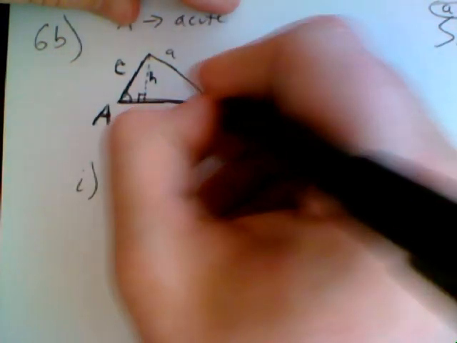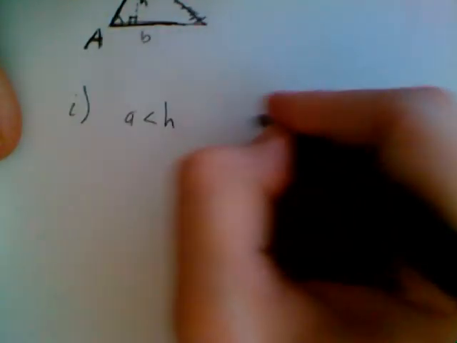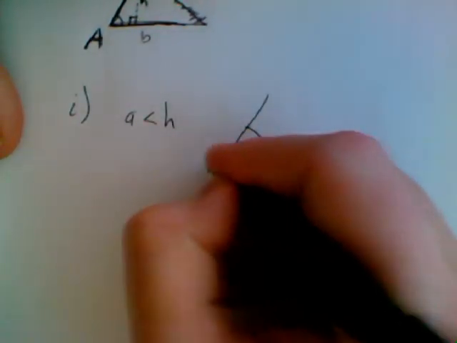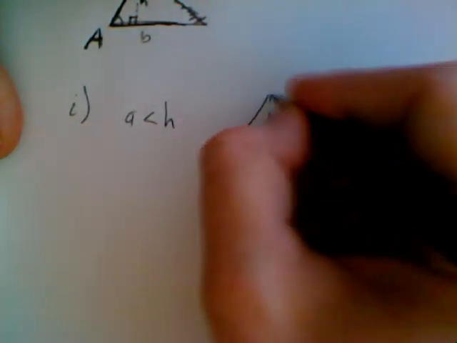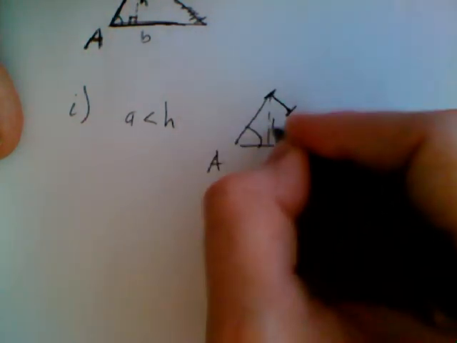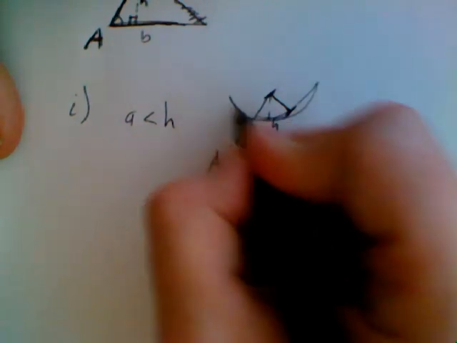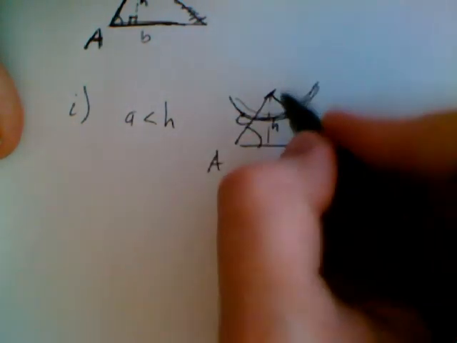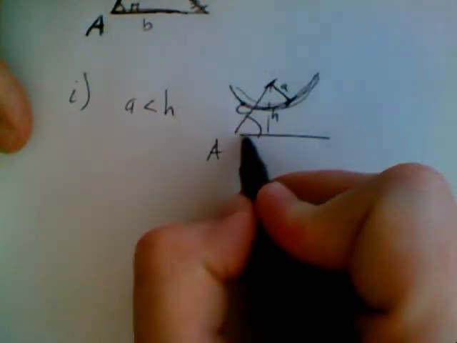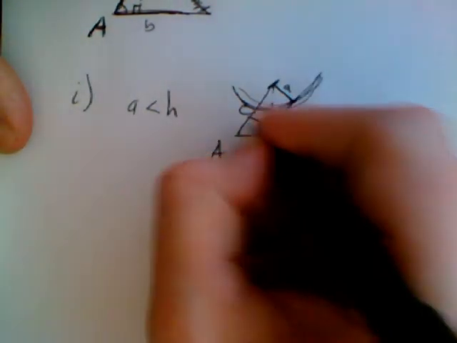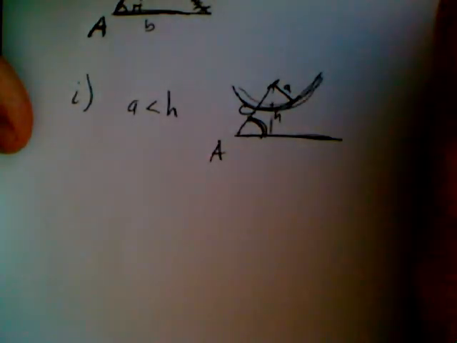I apologize. Let me redraw that triangle. Here's a, there's my height, and my a value is something less than the height. This can swing back and forth, but no matter what I do, that a value will never touch down here. This angle is given, that's solid and constant, and it's not changing.